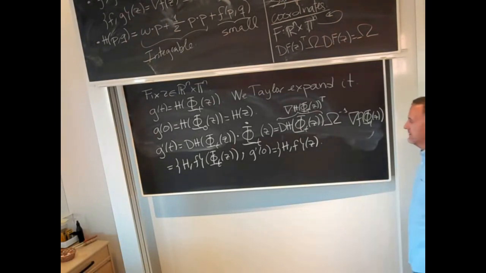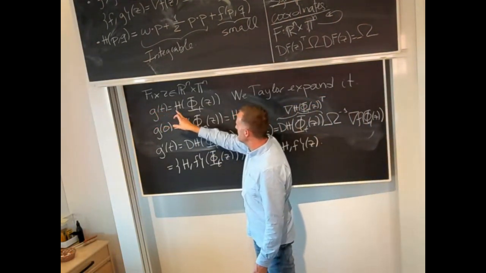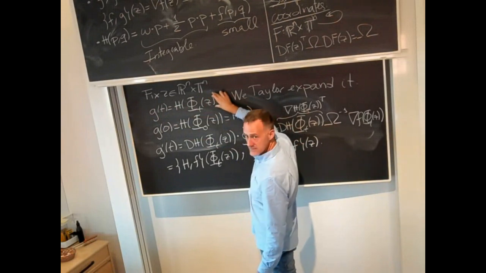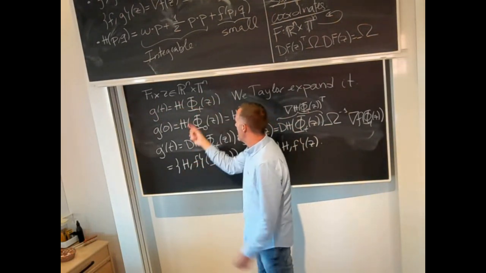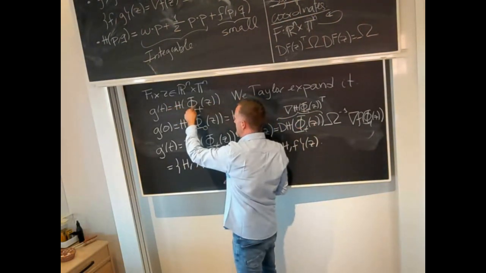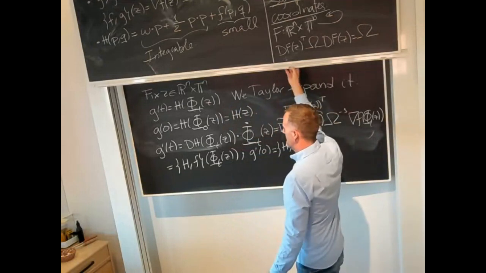the second derivative. But notice that if we have a function evaluated at phi of t, then its derivative is the Poisson bracket of this function against f evaluated at phi of t.